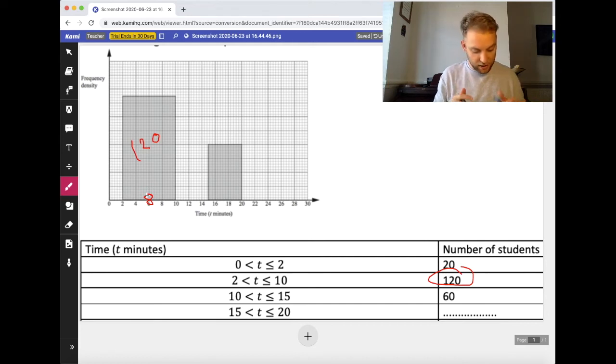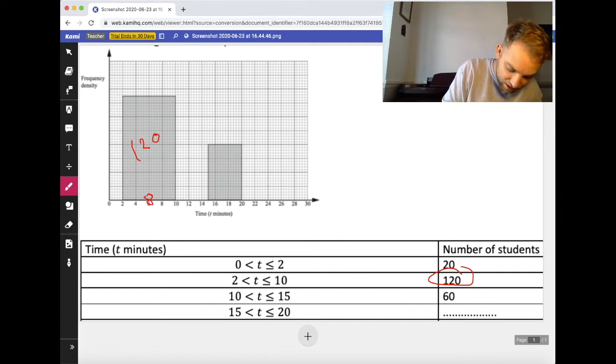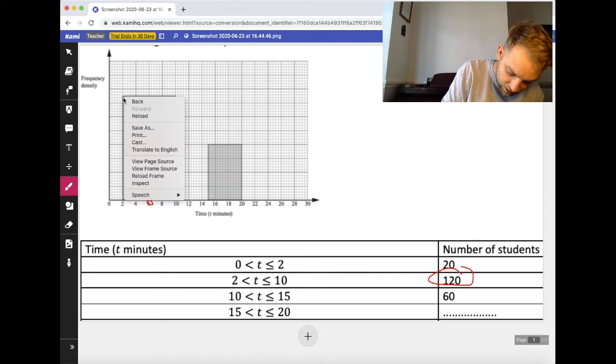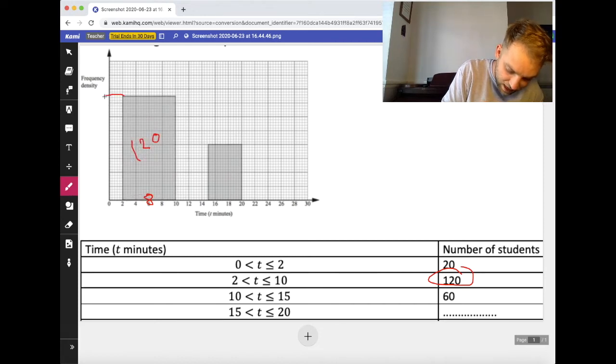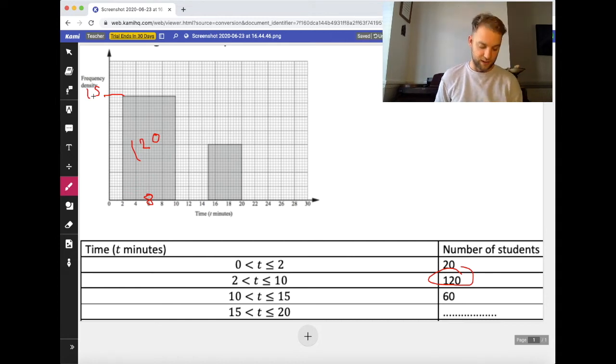If I know that the area is 120, and I know that the width is equal to 8, to find out the height of this, it's going to be 120 divided by 8. So I know that the height of this one here, take it across, is 15.